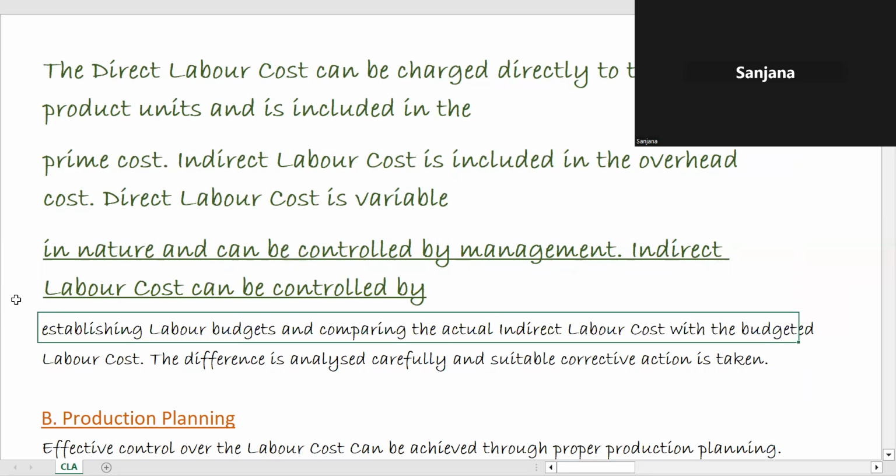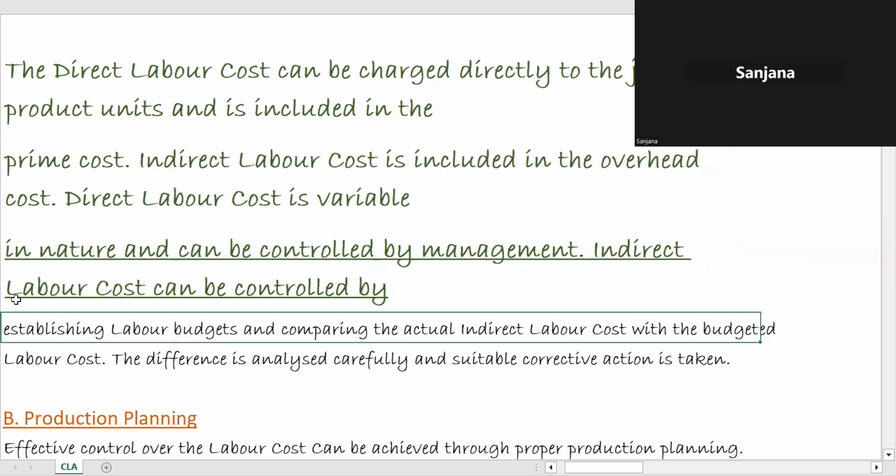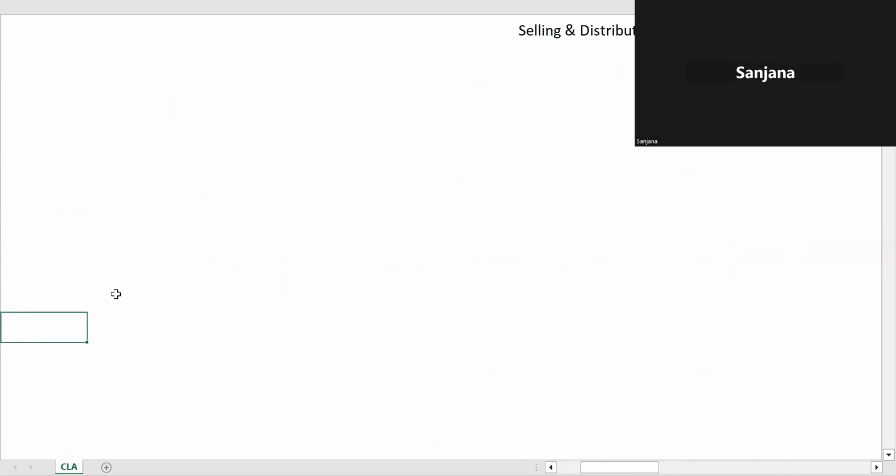So you will not directly know that, for example, if I say for 50 units, let me say the cost is 5,000. That is 100 per unit.